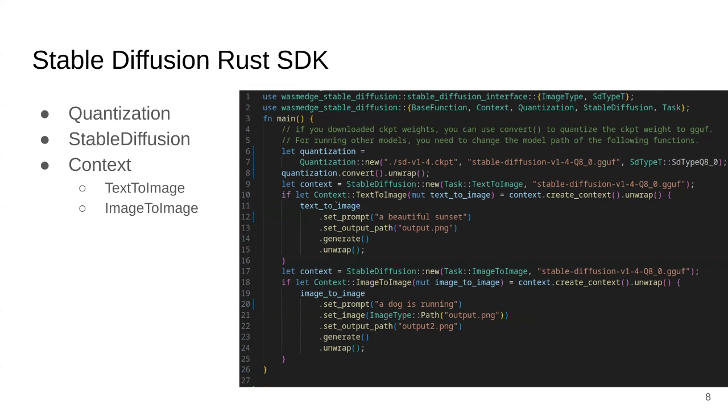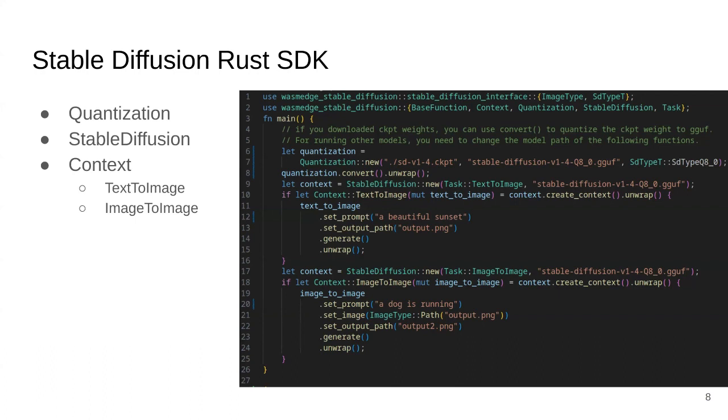In the next step, we will use Stable Diffusion's new context. The first parameter is the task type. You can use text-to-image or image-to-image. The second parameter is the Stable Diffusion model name. Then we can call create context to initialize the context.